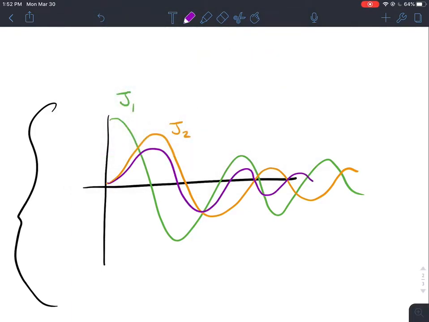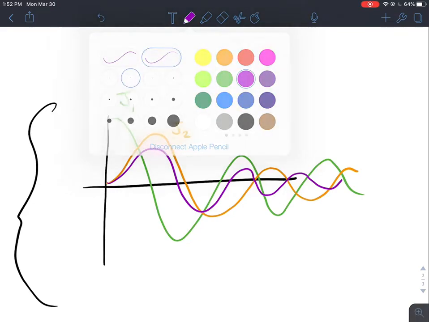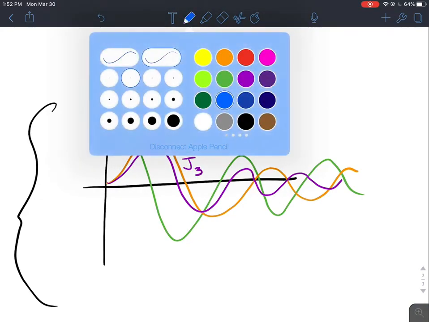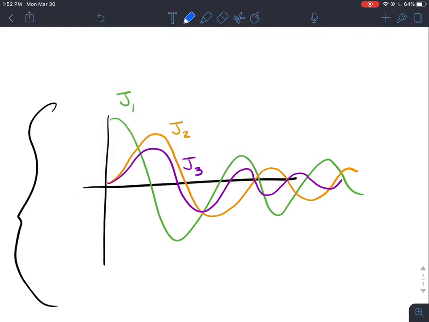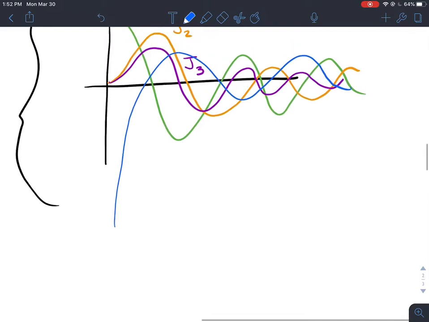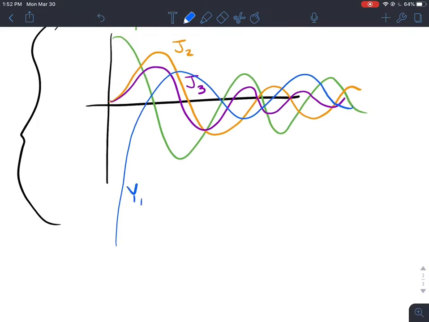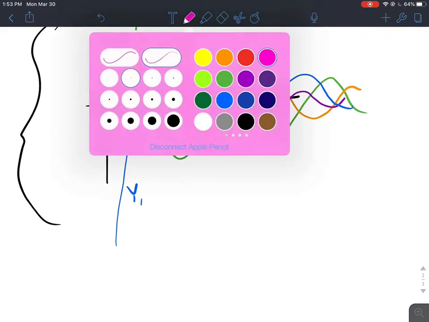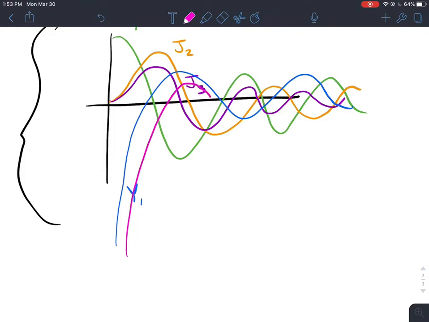J3 sort of looks like this. You get what I'm trying to say. They look like oscillatory decaying functions. Whereas if I draw Y, the function for Y sort of looks like this. Let's do a different color, let's do pink. Y2 sort of looks like this.